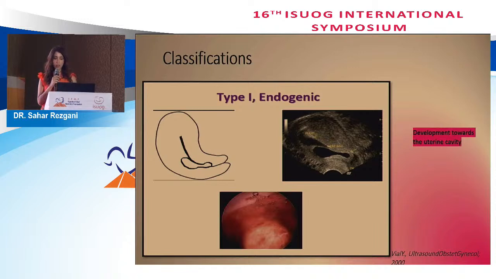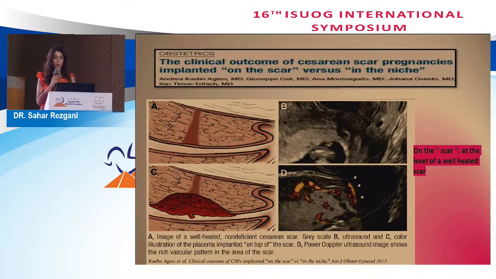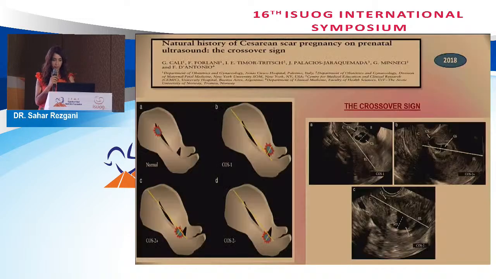For the classification, there are especially 3 classifications, one published in 2000. Type 1 endogenic is developing toward the uterine cavity, and type 2 exogenic is developing toward the bladder. Also, there is a classification published in 2017 on the scar at the level of a well-healed scar, and in the niche at the level of a badly healed scar or isthmocele defect.